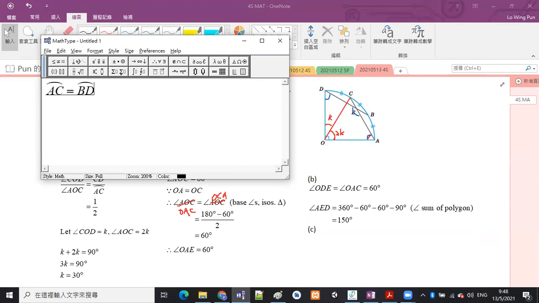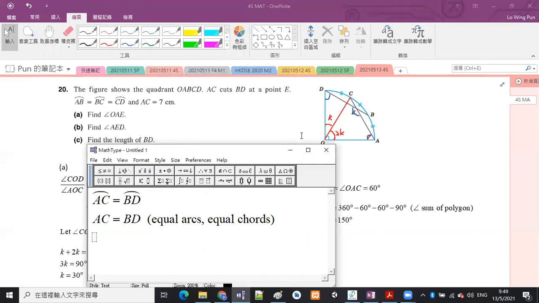You see this because they are both equal to double of the equal arcs. So these two arcs will be equal to each other. Arc AC and arc BD are equal. Then if we have equal arcs, so we should have equal chords. So the chord AC will be equal to the chord BD, equal arcs, equal chords. Therefore, because AC is given to be 7 cm, so BD should also be equal to 7 cm. That is the answer.